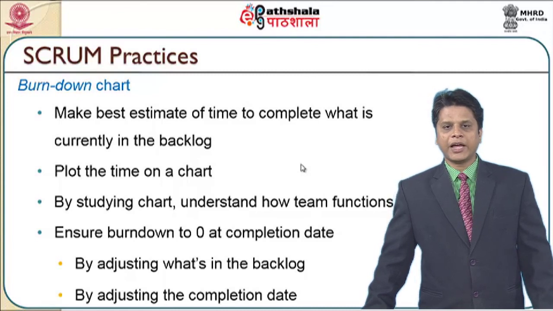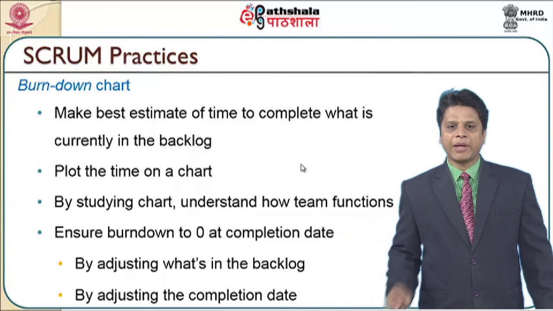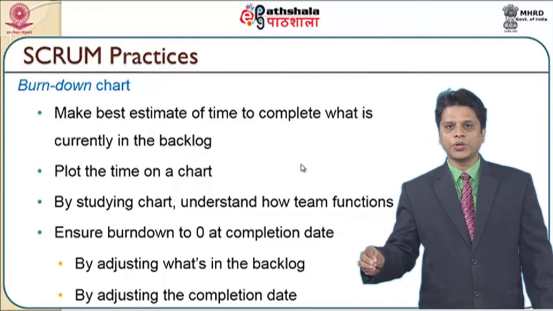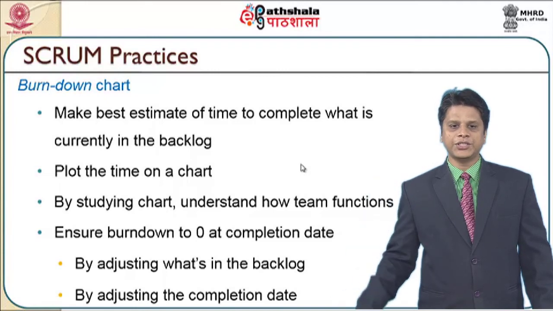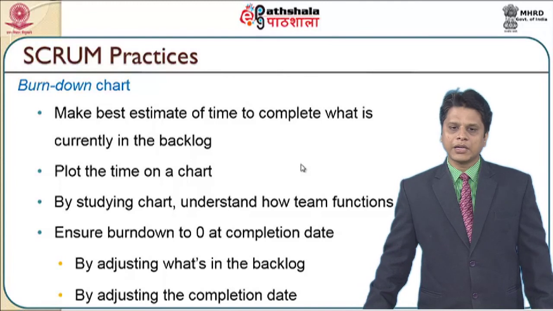Now that we have multiple activities to be done in parallel, we may have to ensure that this burn down chart comes to 0, that is the completion stage, by adjusting what is in the backlog or by adjusting the completion date.